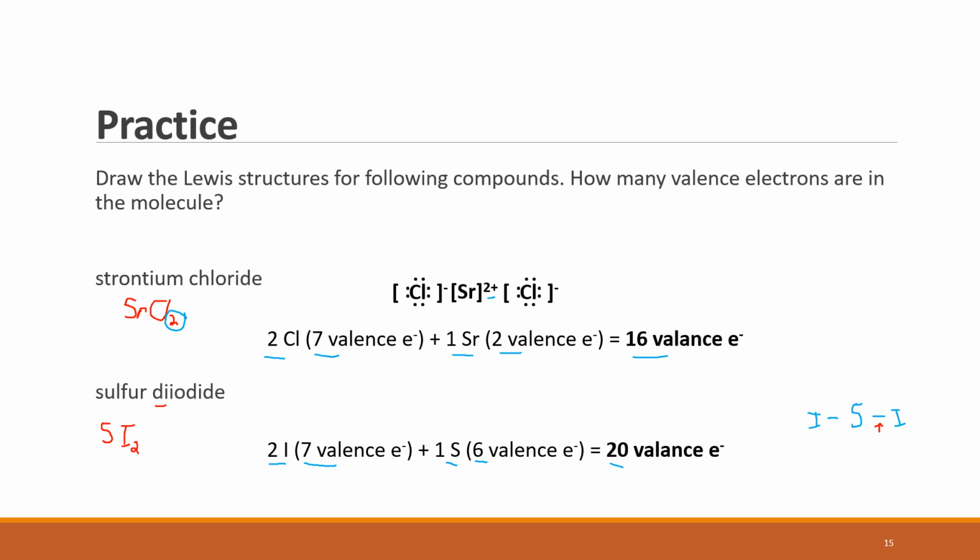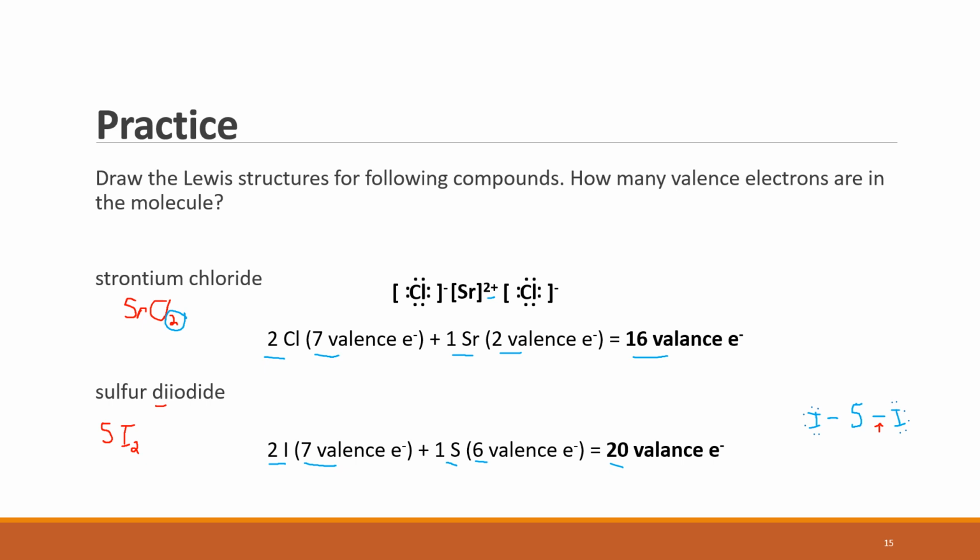So each iodine has 2 at the moment. Now, since it only has 2 and it needs 8, we're going to add 6 dots around it so that each of these iodine atoms has their full octet. It has the 3 lone pairs, indicating these 6 electrons, and then the 1 single bond for a total of 8.